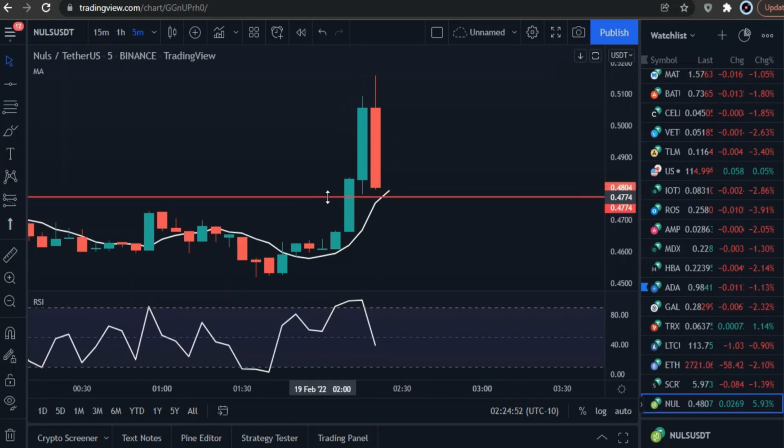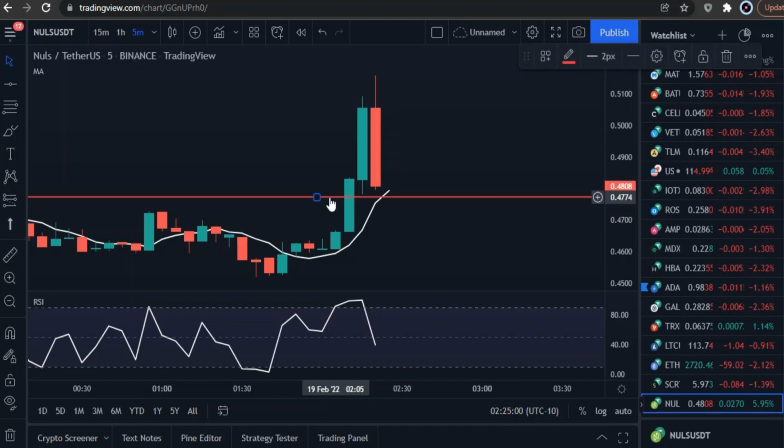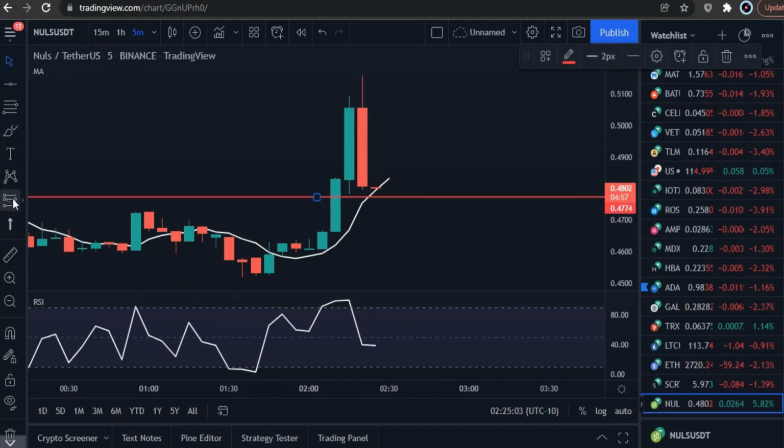Since the wick of the previous green candle is at a level close to the red candle, we will place the line below it. And we forgot the 10 seconds again, so let's quickly place the buy and sell order.